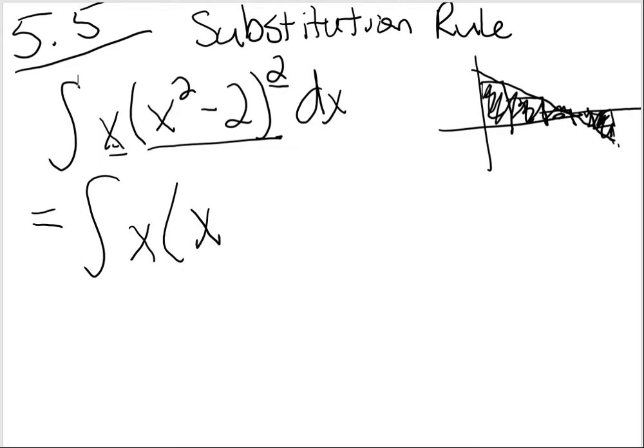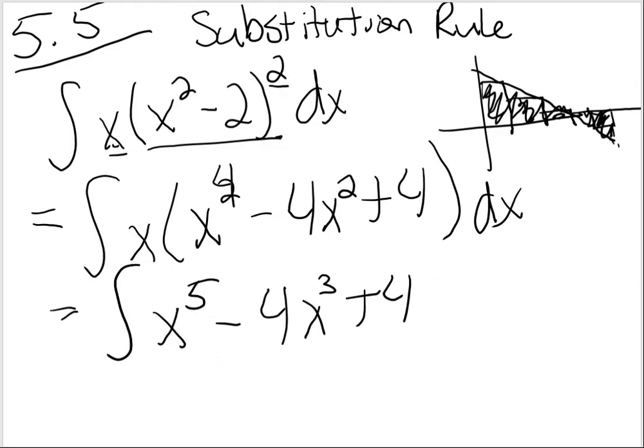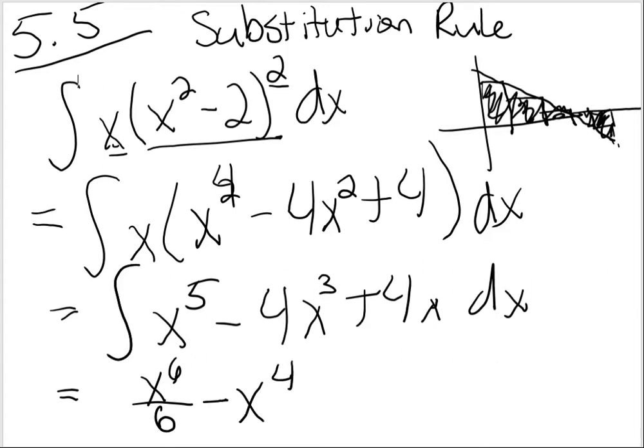But what I can do is expand this, so x to the 4th minus 4x squared plus 4 dx, and distribute everything. And take the antiderivative using the power rule. Two x squared plus c, because this is an indefinite integral.